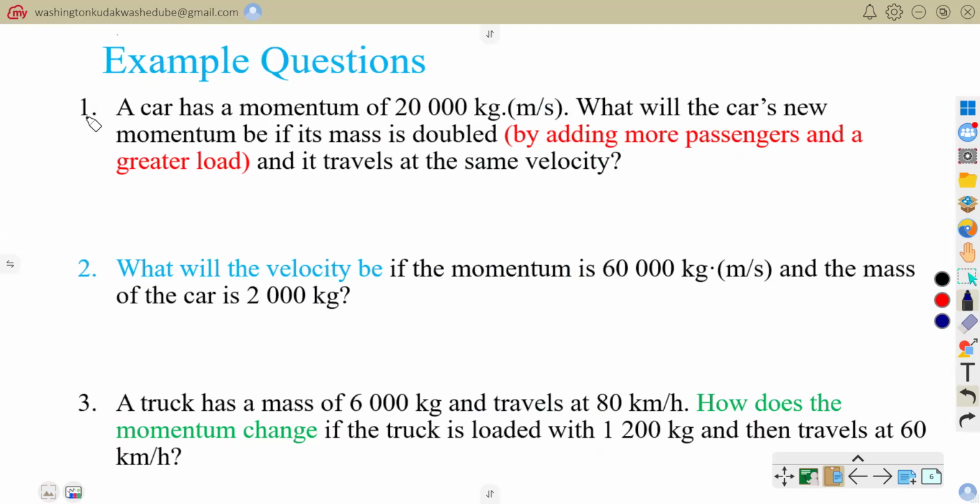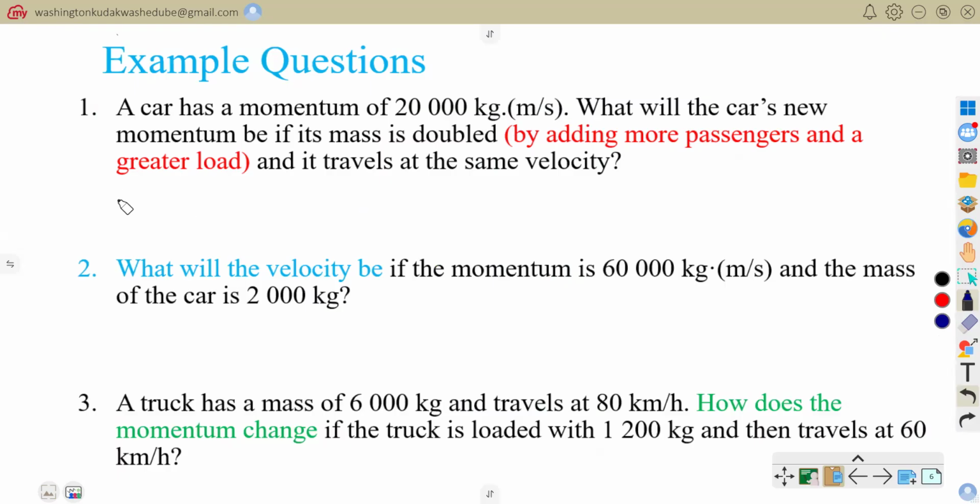question number 1. It is saying a car has a momentum of 20,000 kg meters per second. What will the car's new momentum be if its mass is doubled by adding more passengers and a greater load, and it travels at the same velocity?